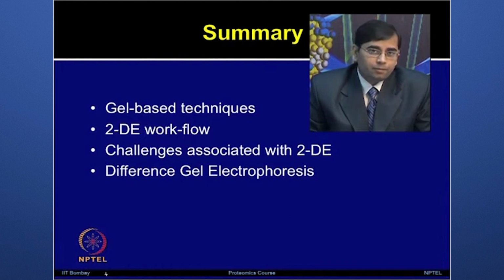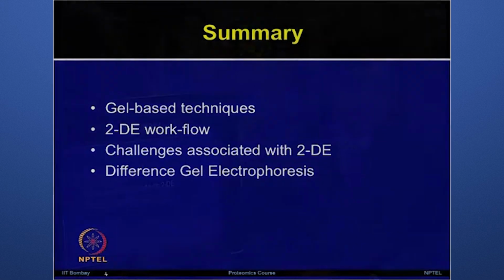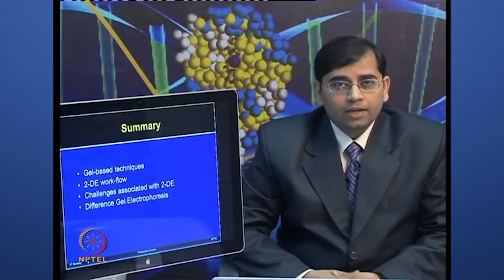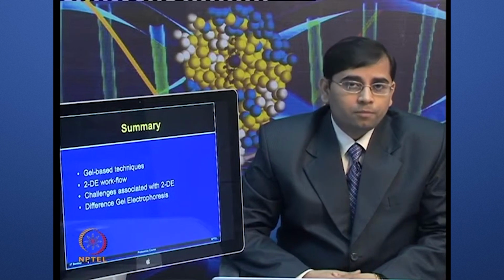Then we discussed different challenges for these methods, and I briefly introduced a few creative ways of performing gel based proteomics, including off-gel fractionation methods, and then we discussed difference gel electrophoresis in much more detail.